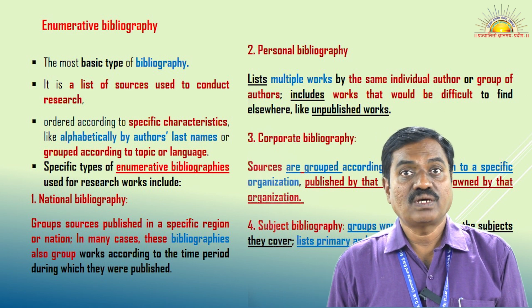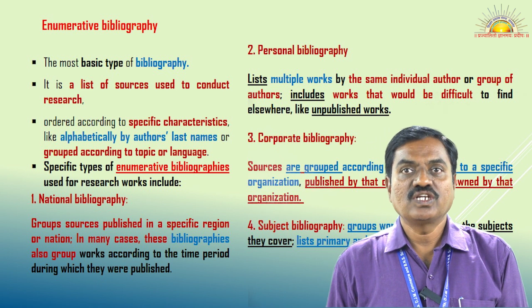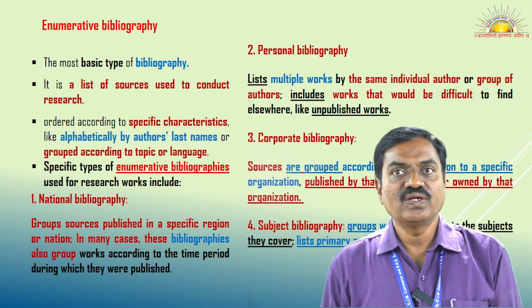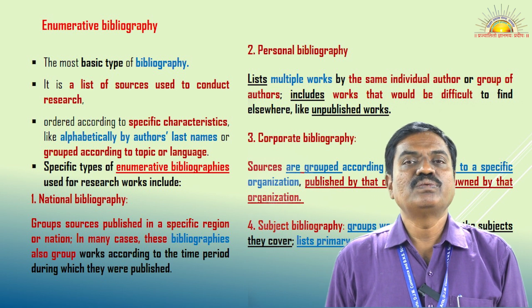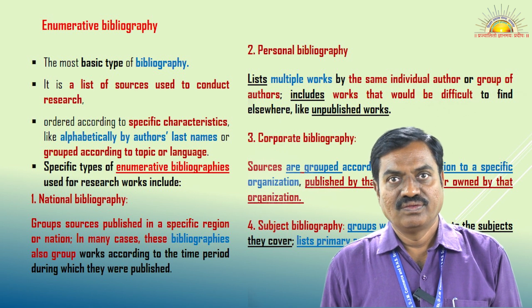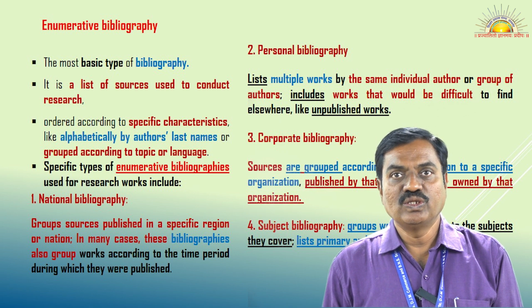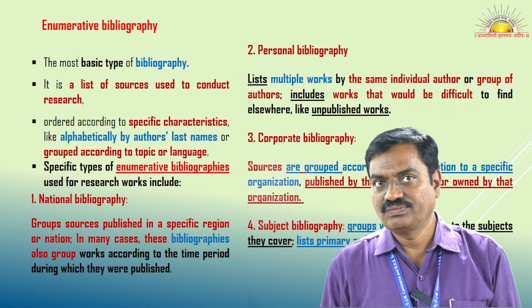Then we have subject bibliography, the fourth type. Subject bibliographies group works according to the subjects they cover. Generally, these bibliographies list primary and secondary sources, whereas other types of enumerative bibliographies like personal bibliographies might not.